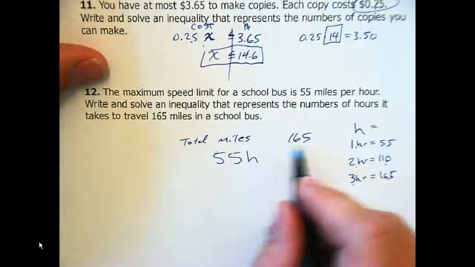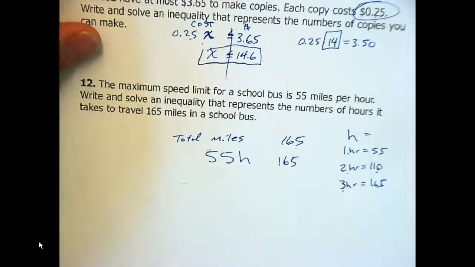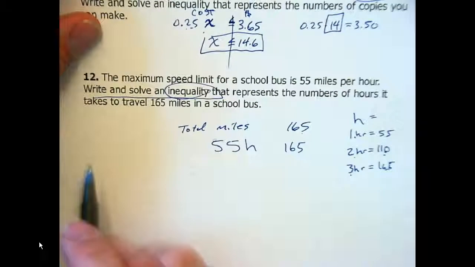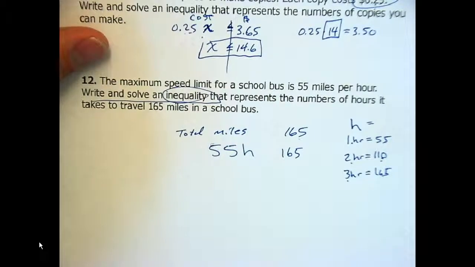We want it to be, do we want it to be equal to 165, greater than, less than, or what? So writing to solve an inequality, meaning it can't be equal. But we want to travel 165. So if we go 150 miles, are we okay? No, you haven't gone 165.